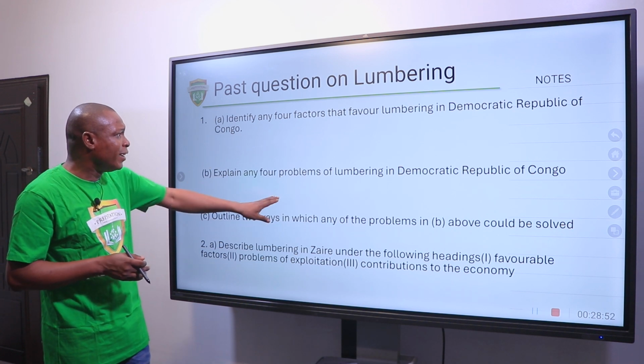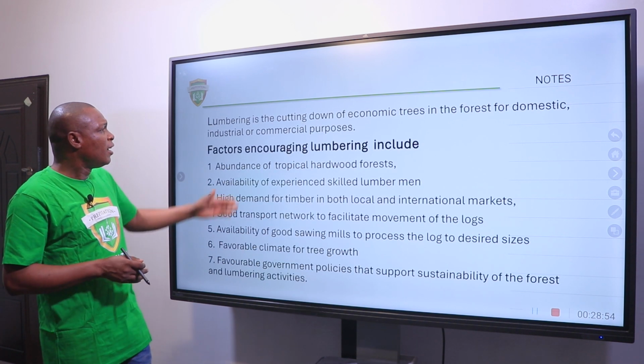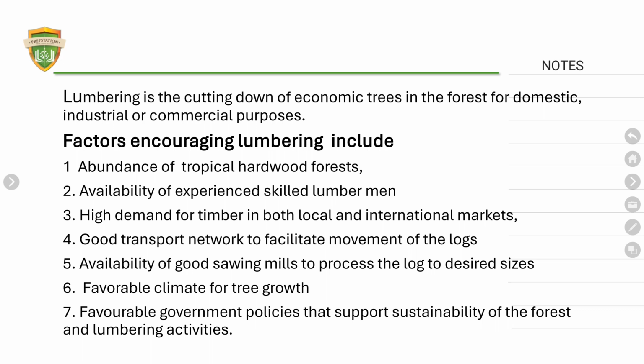Let's now look at the question holistically. Lumbering is the cutting down of economic trees in the forest for domestic use, for industrial use, or for commercial purpose. One of the aspects of the question requires us to list out the factors that favor lumbering. Number 1, you can't do lumbering when there are no abundant trees in the forest.